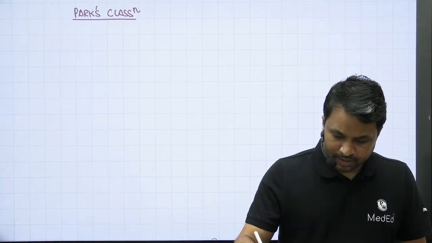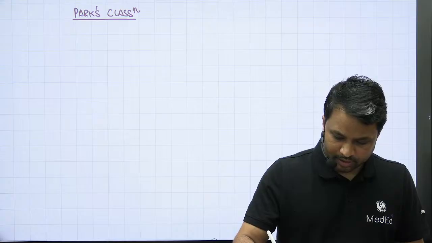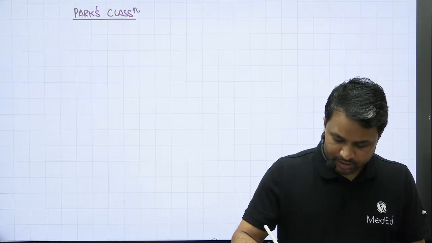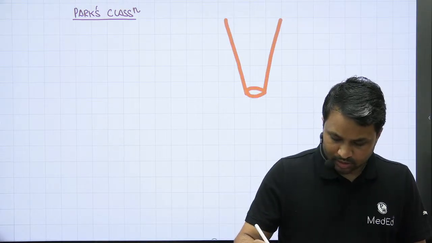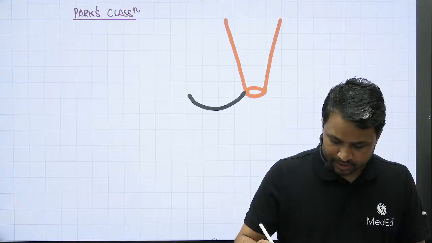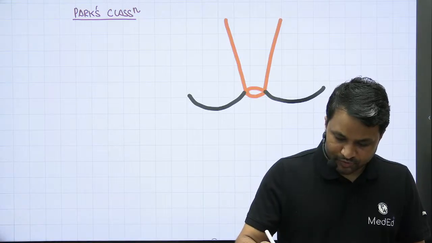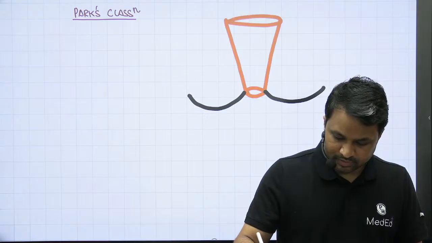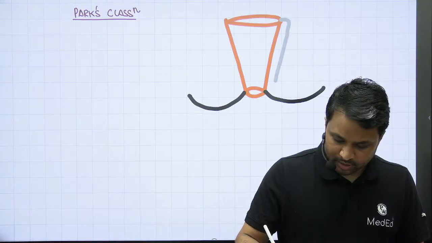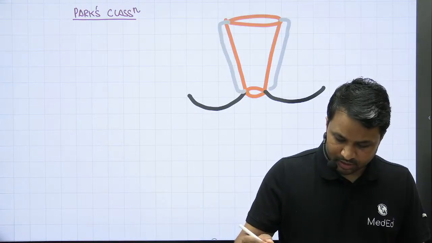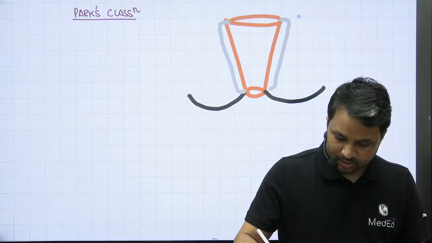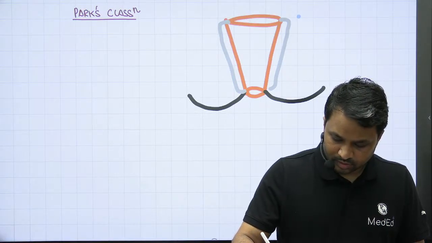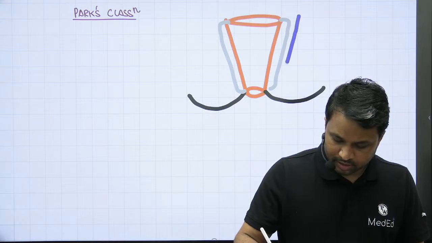Now, according to the Parkes classification, if you quickly run through them, this is the anal canal, the anal mucosa. This is the perianal skin. There are two sphincters present: the internal anal sphincter and the external anal sphincter. Let's say this is your internal anal sphincter, and this is your external anal sphincter.